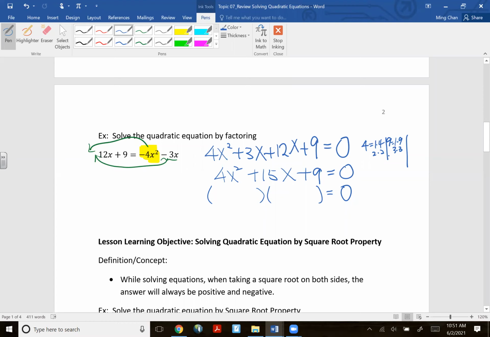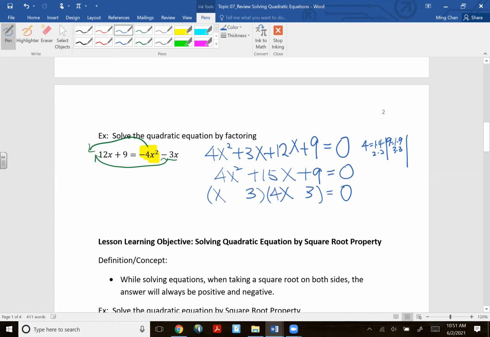Just by looking at it, I'm probably going to use 1 and 4, because with 2 and 2, and 3 and 3, I don't think I can come up with 15 in the middle. So I'm going to use 1x and 4x, and 3 and 3.